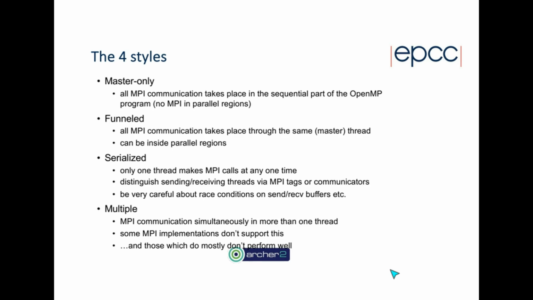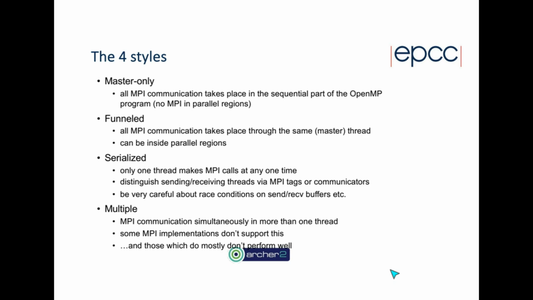If we have more than one thread making MPI calls, we then have to distinguish somehow between sending and receiving threads by using MPI tags or communicators to identify which thread messages are coming from and going to. And then you have to start being rather careful about race conditions on buffers, etc.